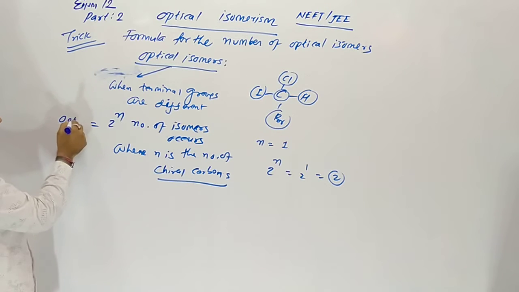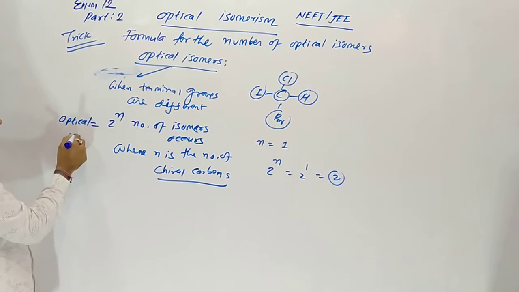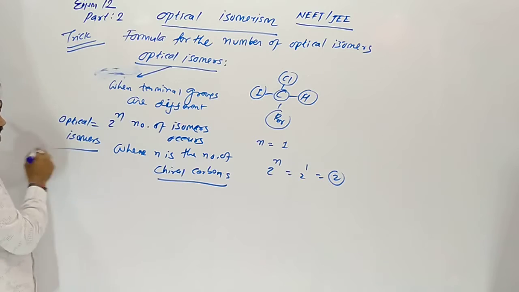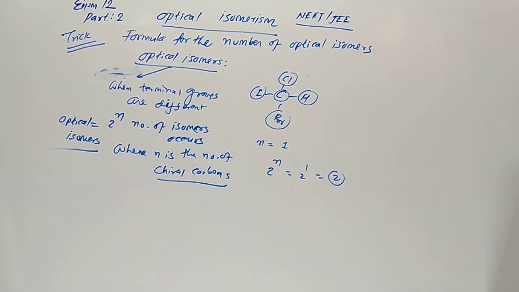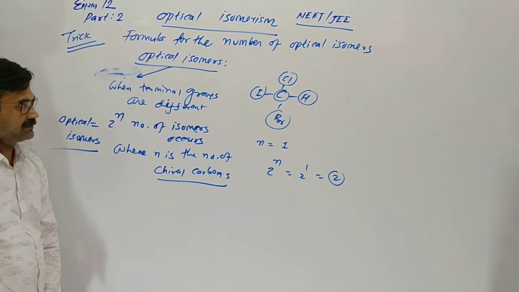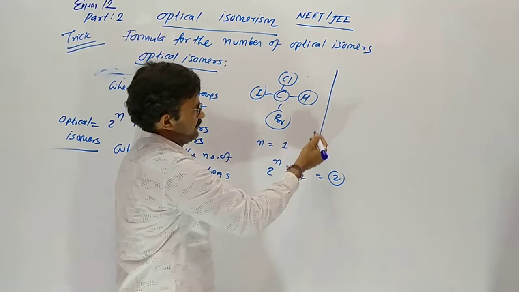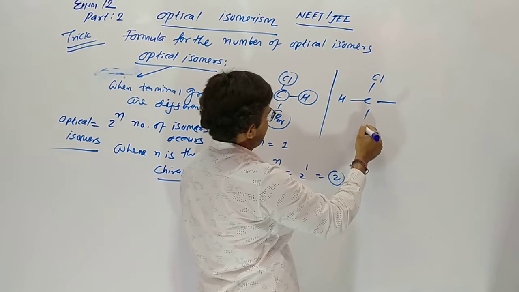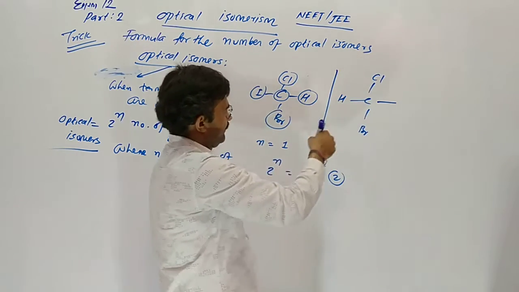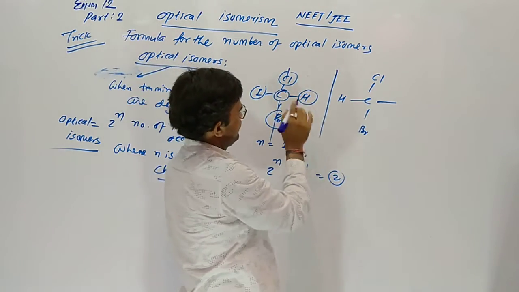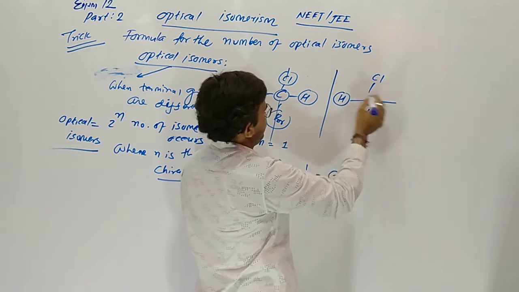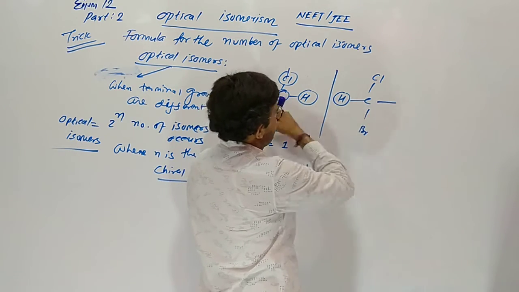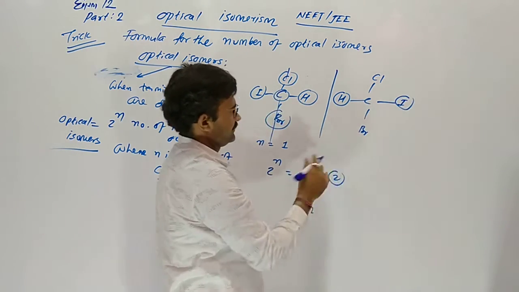Optical isomers. Now the mirror image of it. In the mirror, the vertical remains the same, but the left-hand side goes to the right and the right-hand side to the left.